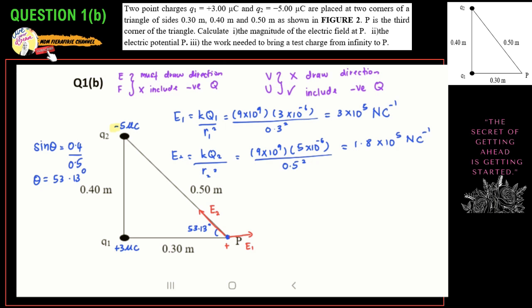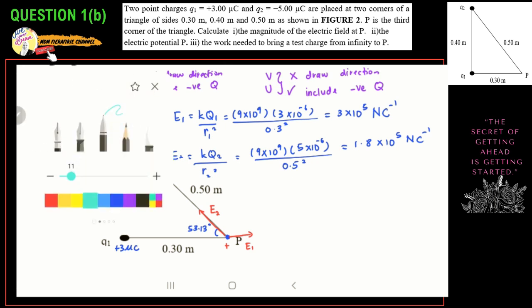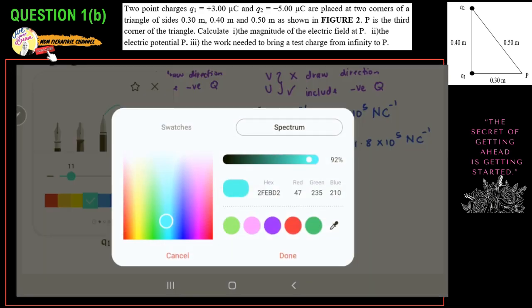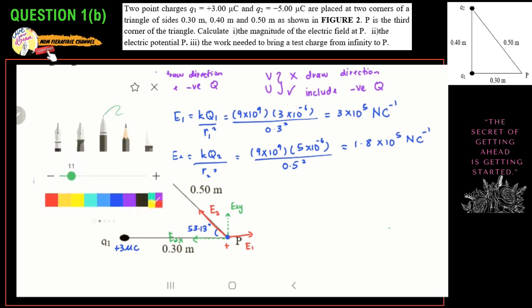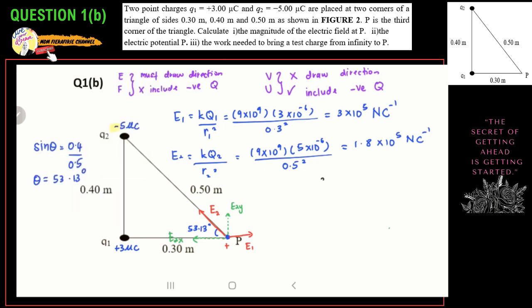Remember, we need to resolve E2 into E2y and E2x. We can make a table if you like, with x component and y component.